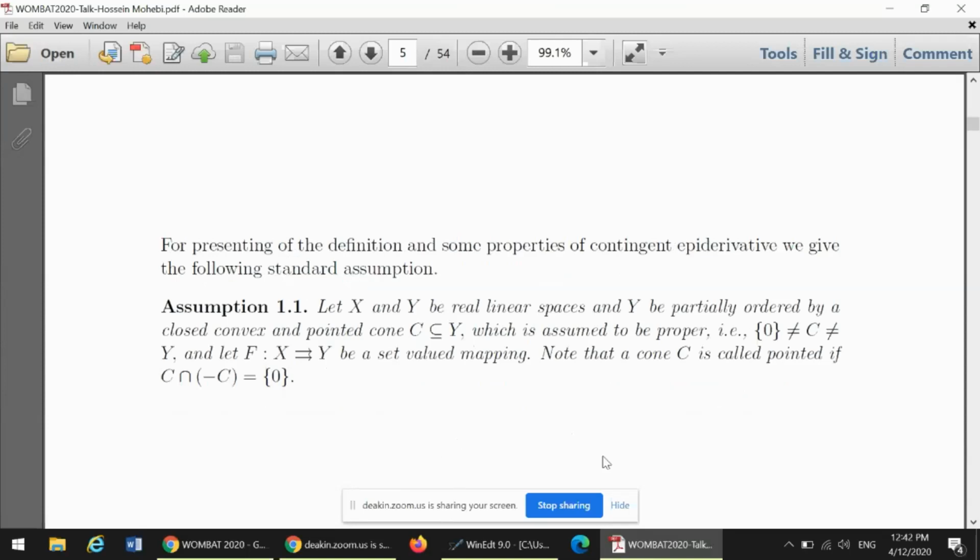We make the following assumption. Let X and Y be real linear spaces and Y be partially ordered by a closed convex and pointed cone C in Y. Also, we assume that this C is proper, and let F from X to Y be a set-valued mapping.